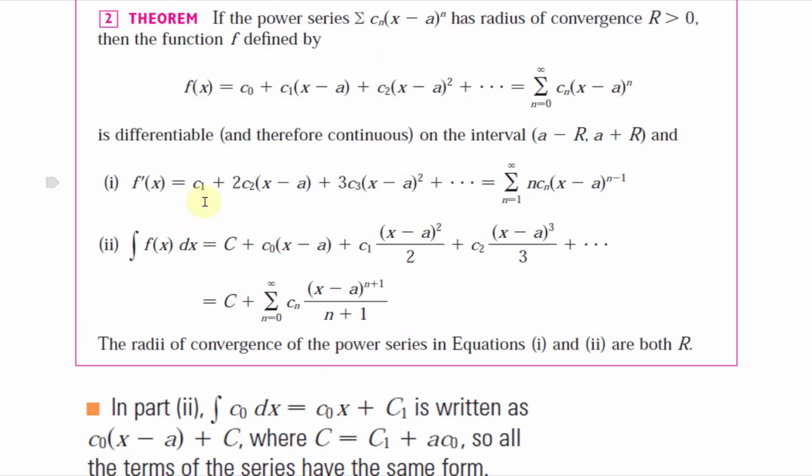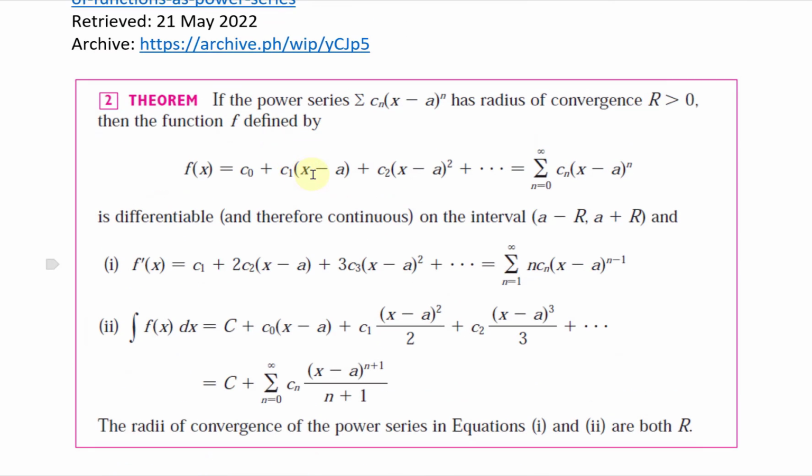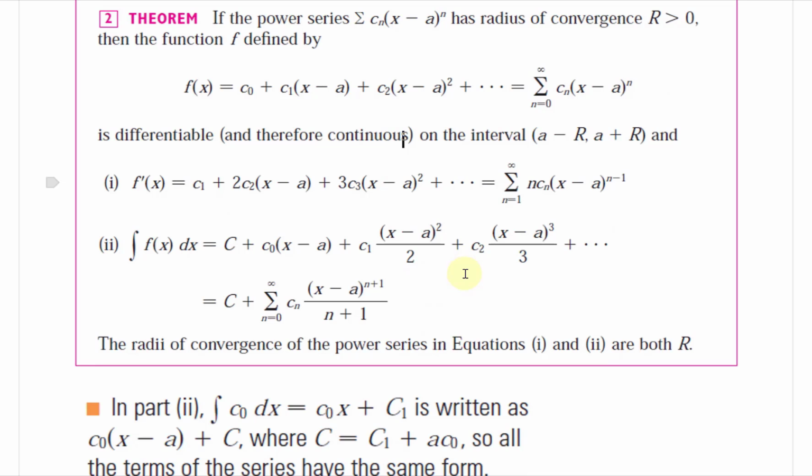Then the next ones are pretty straightforward. So you have c1 times x minus a. The integral goes to (x minus a) squared, then divide by 2. There's a 2, and there's divide by 2. The next one is going to be x minus a cubed divided by 3, like that. Again, just remembering the integral rules there. So what this ends up being, if you write it in formula form, equals c plus the summation from n equals 0 to infinity of cn times (x minus a) to the power of n plus 1, divided by n plus 1.